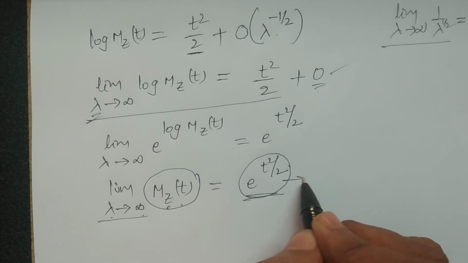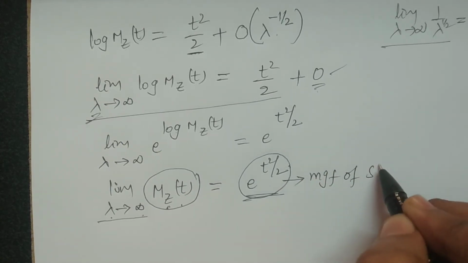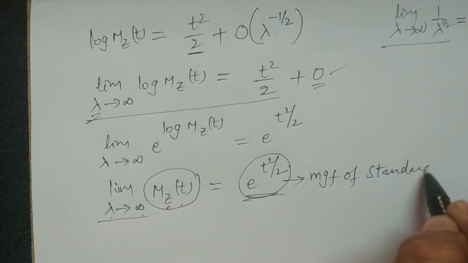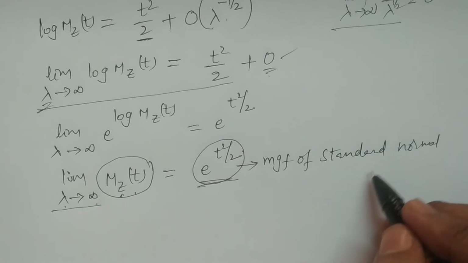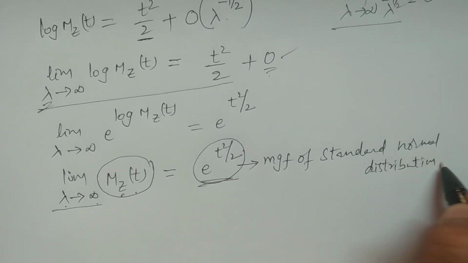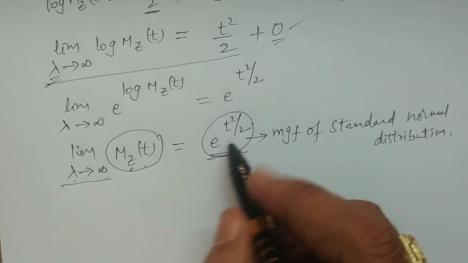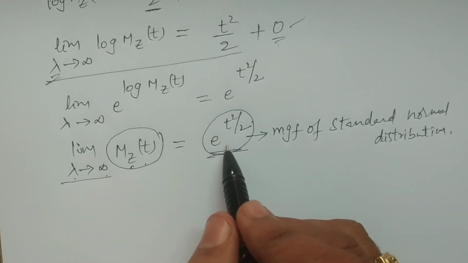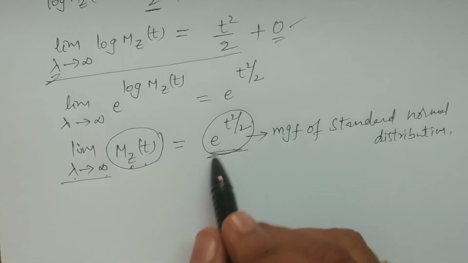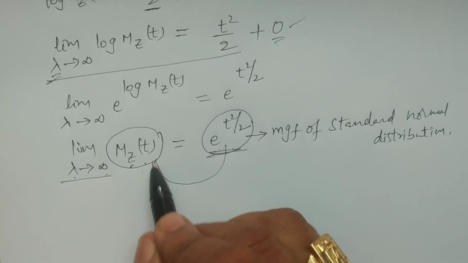What is e power t square by 2? It is the moment generating function of the standard normal distribution. So therefore, by applying the uniqueness theorem of moment generating functions, these two moment generating functions are equal.